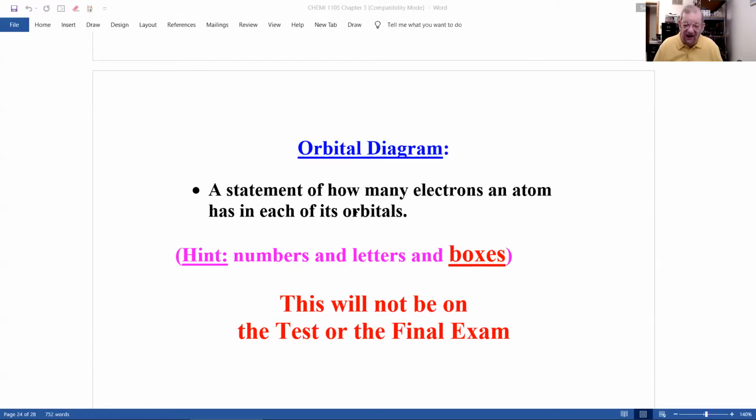Each orbital is 2 electrons. Therefore, any p subshell has 3 orbitals. I'm not going to do this, and I did in the past, but there are other things I'd rather spend time on. And if you notice on the slide, this will not be on any test or the final exam.